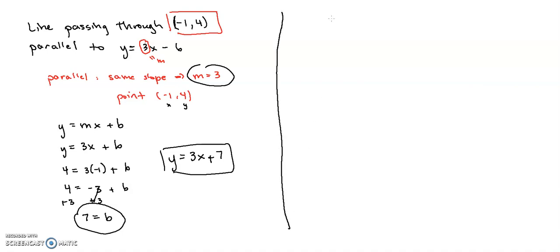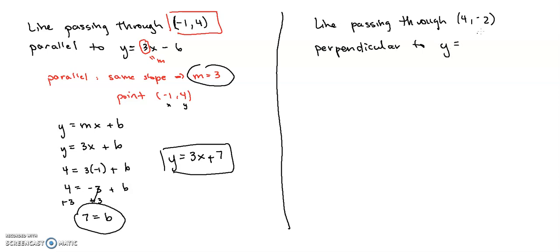Okay, let's say that we want to find the equation of the line passing through 4, negative 2, perpendicular to the line y equals 2/3 x plus 4.